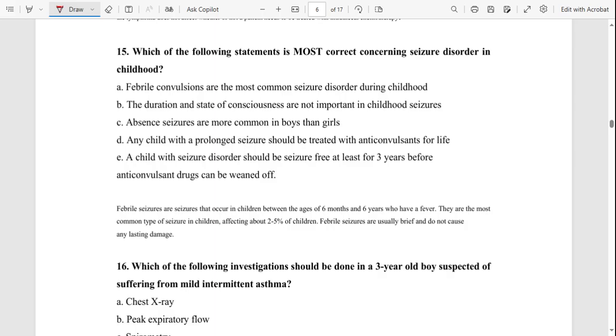So please don't forget about the features. 6 months to 60 months or 6 months to 6 years. Some will say 5 years. And it should be within 8 to 12 hours since the fever started. There should be no evidence whatsoever of another CNS infection like meningitis or metabolic disease.